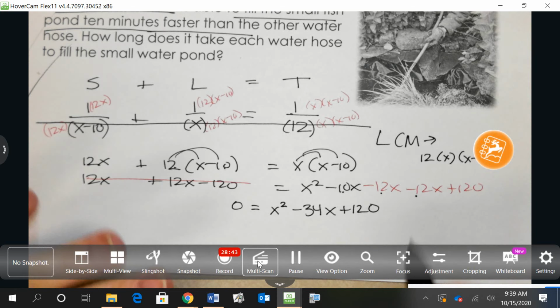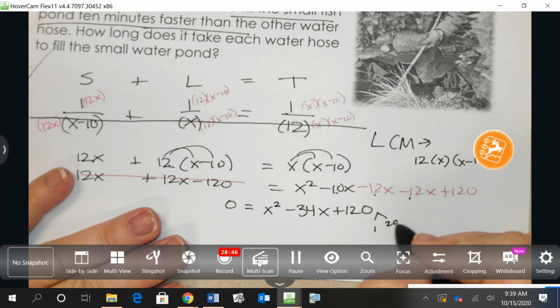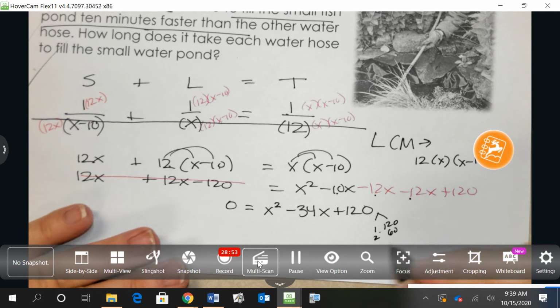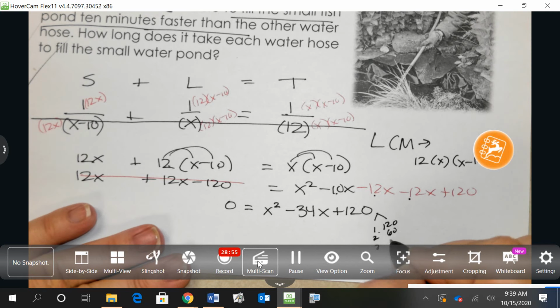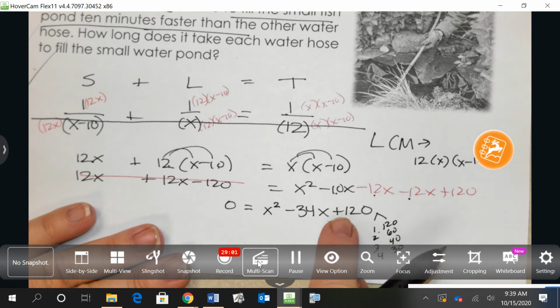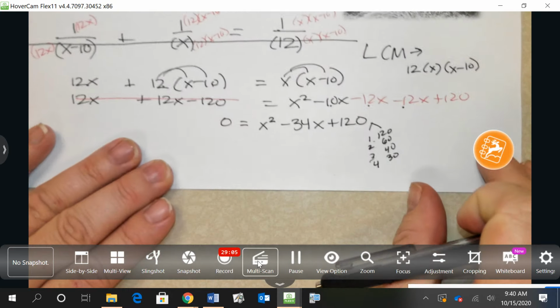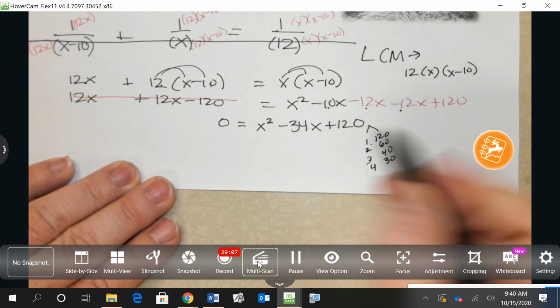So let's see here. 1 and 120 don't give you negative 34. 2 and 60, no, that doesn't work either. 3 and 40, well, I'm getting close, I'm down to 37. 4 and 30. 4 times 30 gives you a positive 120, but it does not equal negative 34.